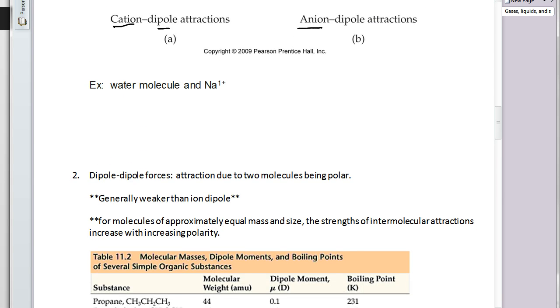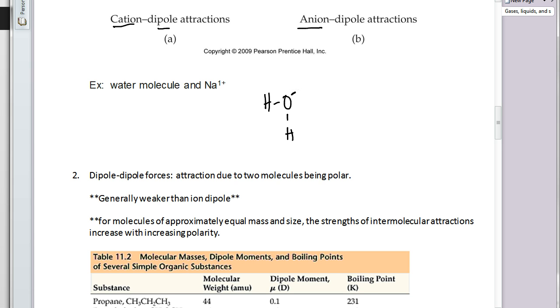So here's the example, a water molecule with the sodium ion. Remember that the oxygen is more electronegative. It's going to attract those electrons to it, so it's going to be slightly negative, delta negative.